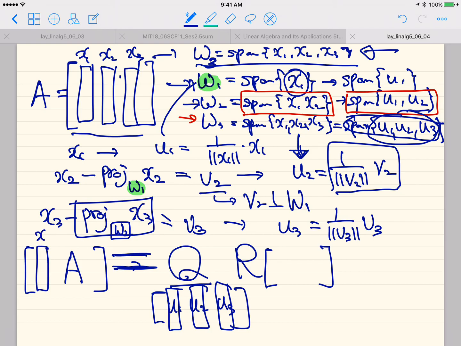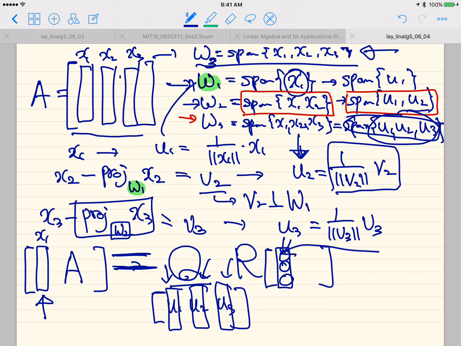We have the first column, x1, and this first column can be thought of as a linear combination of u1, u2, u3. Where is our linear combination coefficient? It will be the first column of the matrix R. What would be the linear combination coefficient here?